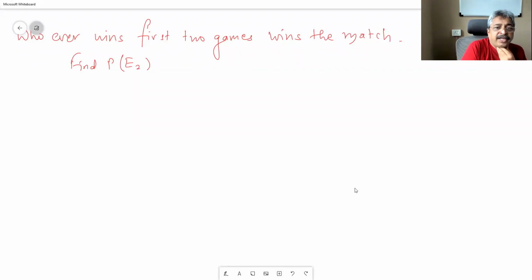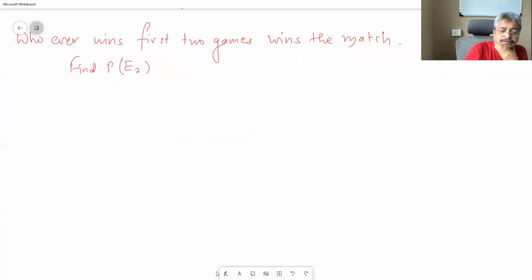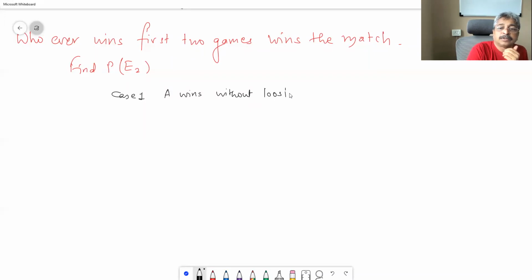Probability of A winning this type of tournament is either case 1, A wins without losing a game.